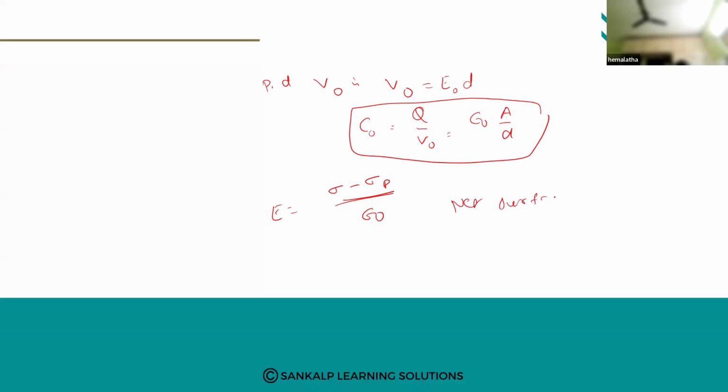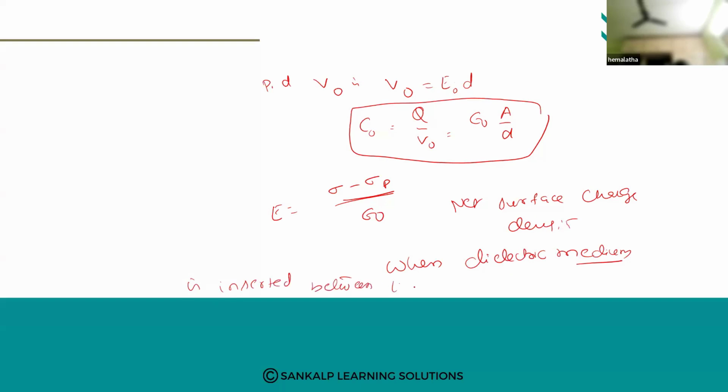We have to calculate the net surface charge density when the dielectric medium is inserted between the plates. When a dielectric is put between the two plates, what happens? V is equal to E into d, that is equal to sigma minus sigma of P divided by epsilon naught into d.